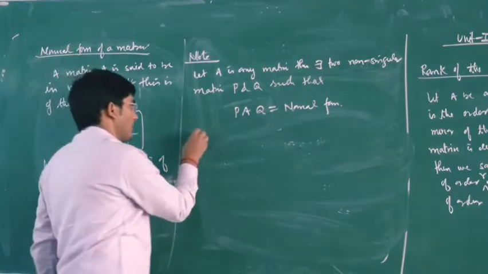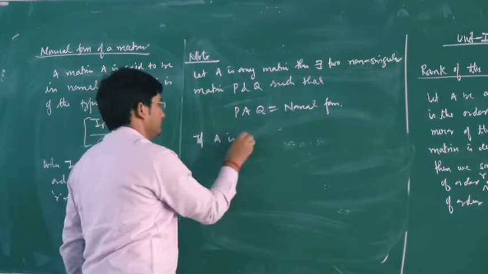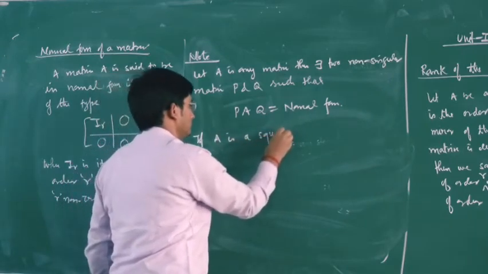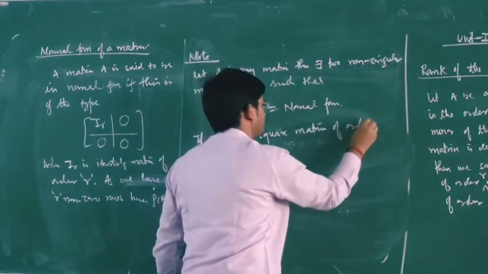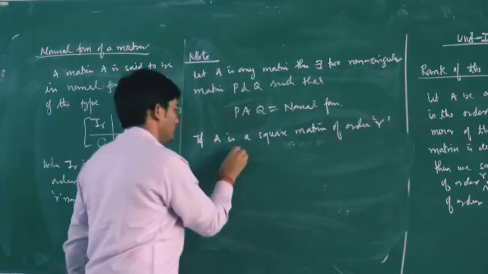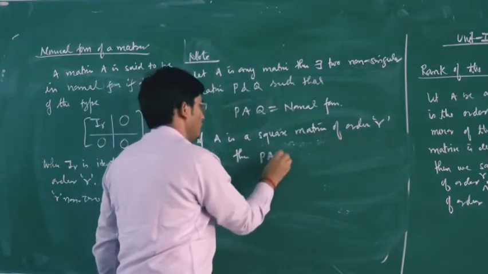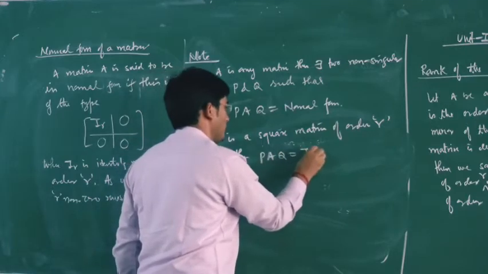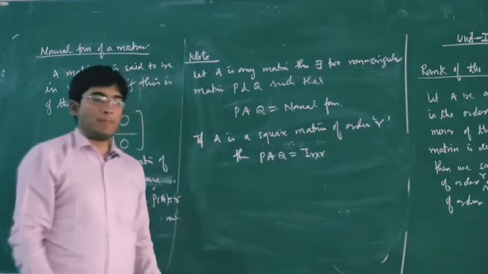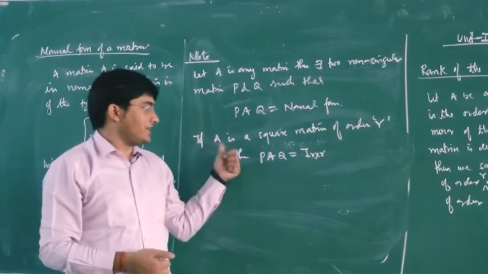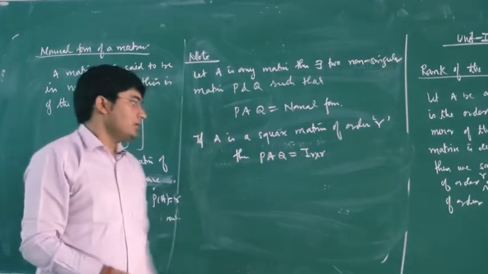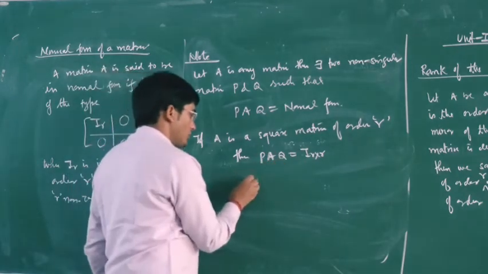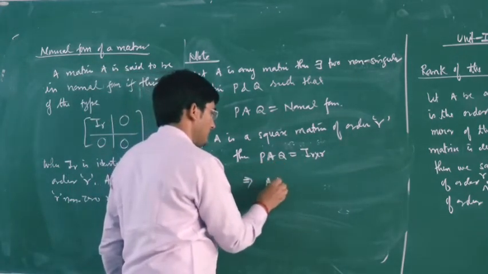Now if A is a square matrix of order R, then your PAQ will be the identity matrix of order R cross R. So if your A is any square matrix, then PAQ will be your I. Now let us multiply this whole equation by P inverse from the left hand side.